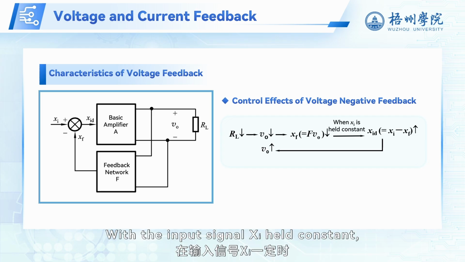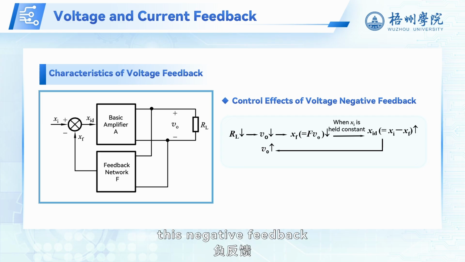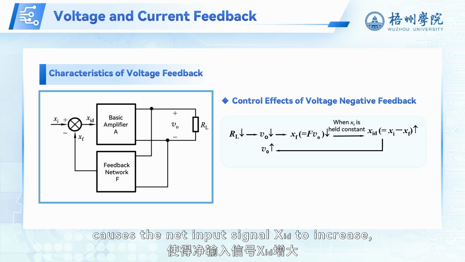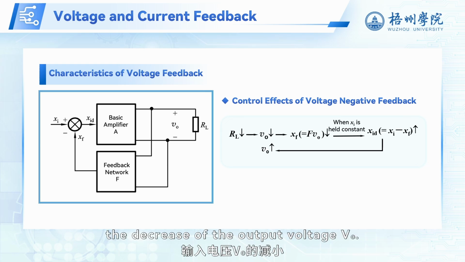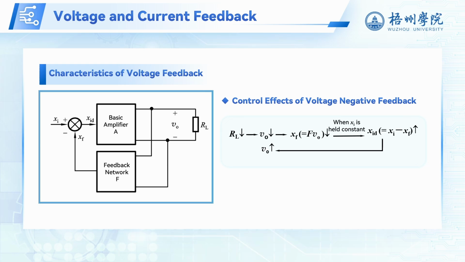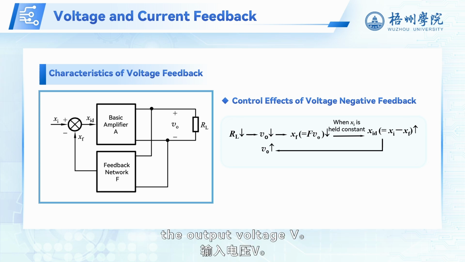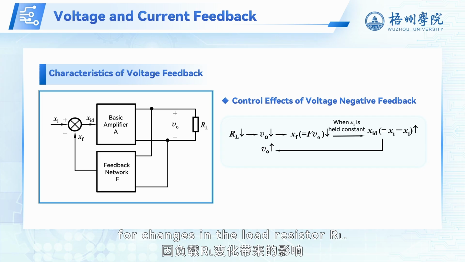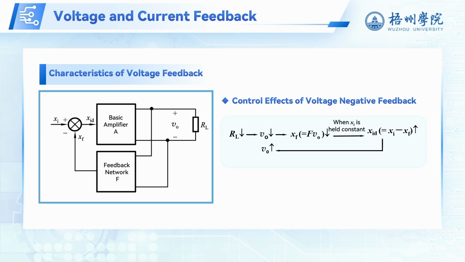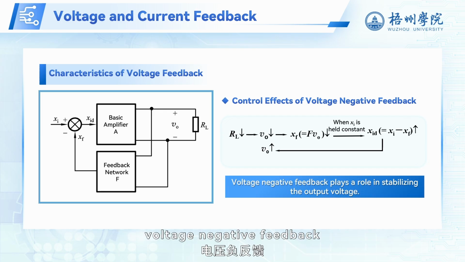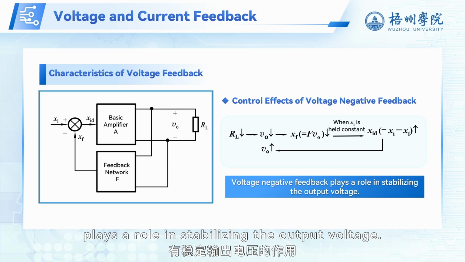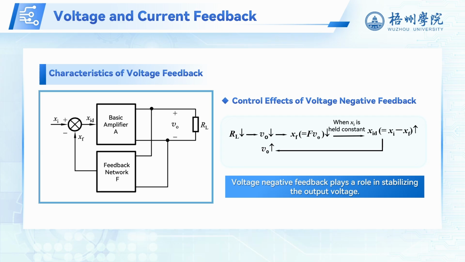With the input signal XI held constant, this negative feedback causes the net input signal XID to increase, which in turn limits the decrease of the output voltage VO. This shows that the circuit can automatically adjust the output voltage VO to compensate for changes in the load resistor RL. Therefore, voltage negative feedback plays a role in stabilizing the output voltage.